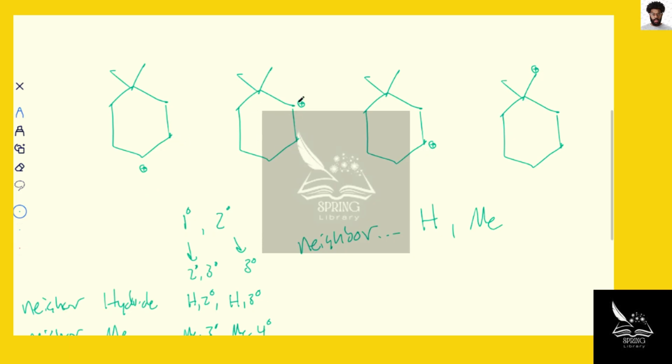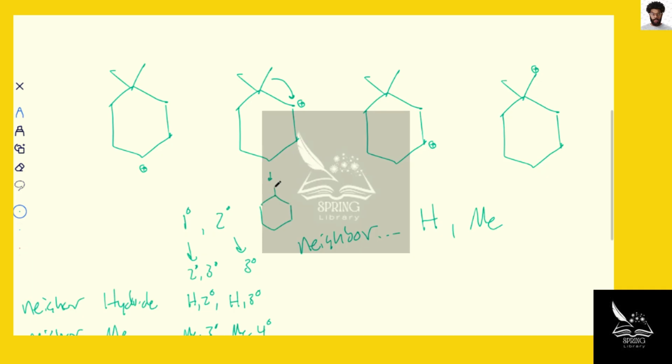Okay, what about here? So now we've got a secondary carbocation. So what are we looking for? Hydrogen on a tertiary. We don't have a neighboring tertiary, or a methyl on a quaternary. Hey, this is a methyl on a quaternary. Can this migrate? Let's take a look at what the product would be. Right?